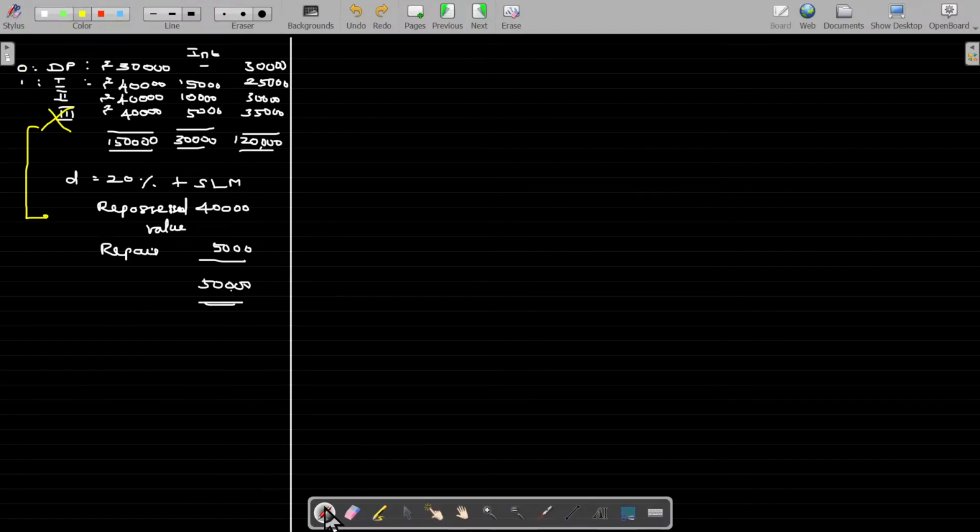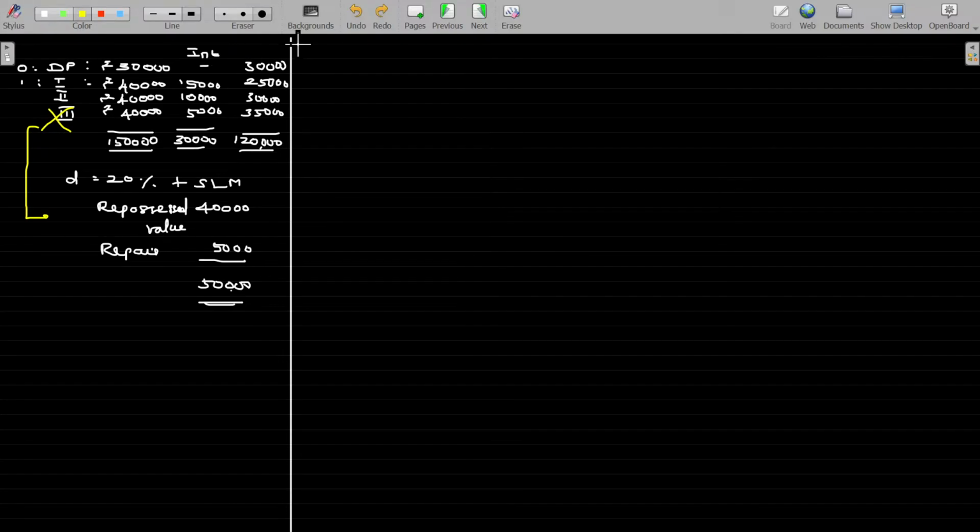Purchase பண்றார் in the books of hire purchaser's book. Okay. Day 0 la purchases the asset. The asset will be always recorded at what value? Cash price value la record பண்ணியாகணும். So the entry being asset account debit.